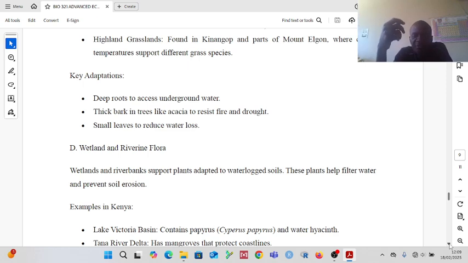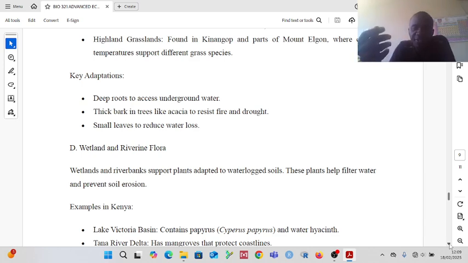So you think of, for example, the mangroves at the coast. Okay. They are adapted to growing in the waterlogged soils. There are fish that will reproduce and multiply within the roots of the mangroves. The same mangroves also help in stopping soil erosion.